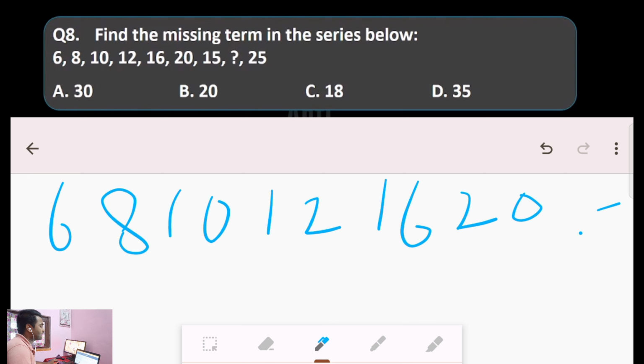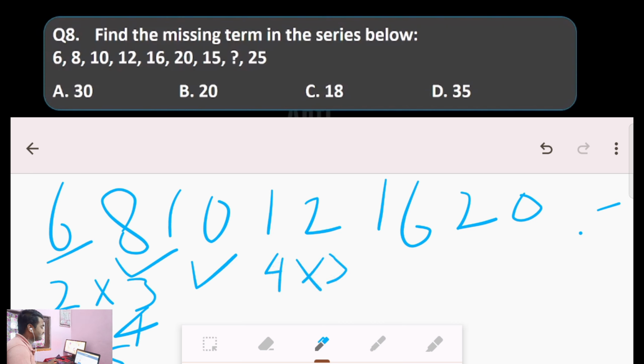If we see, it is pretty simple. 2 into 3 is 6, 2 into 4 is 8, 2 into 5 is 10. Now here, 4 into 3 is 12, 4 into 4 is 16, 4 into 5 is 20.